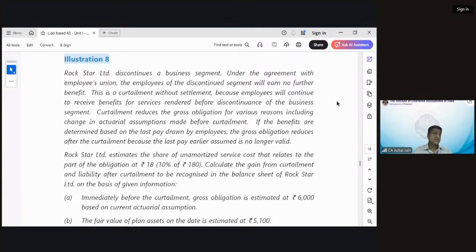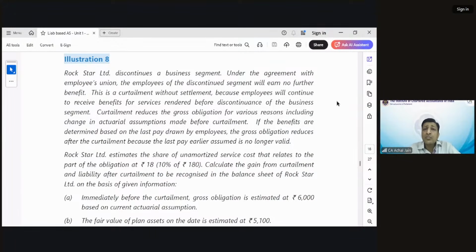Now, in this case, Rockstar Limited estimates that the share of unamortized service cost that relates to the part of the obligation is rupees 18. How do you get 18? 10% of 180. So unamortized service cost is 180.